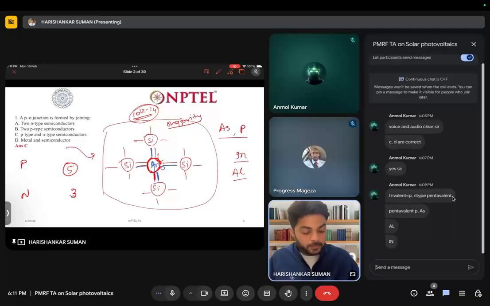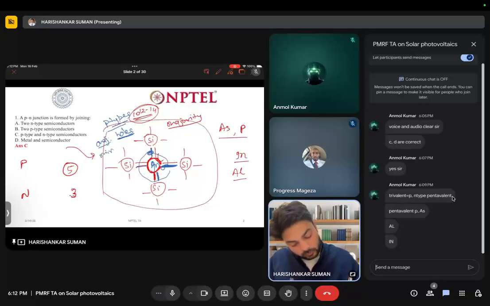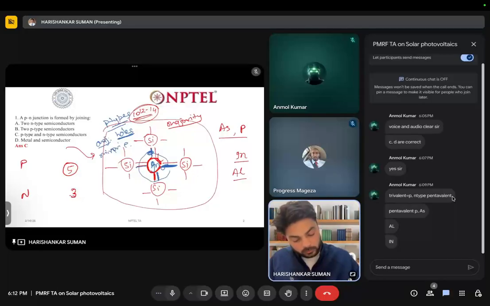If a bond breaks and an electron fills it, a vacancy appears. These moving vacancies are the concept of holes. This is P-type, and the majority charge carriers here are holes, with some electrons as the minority.